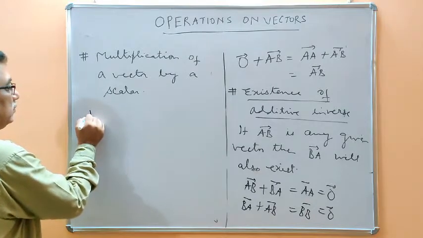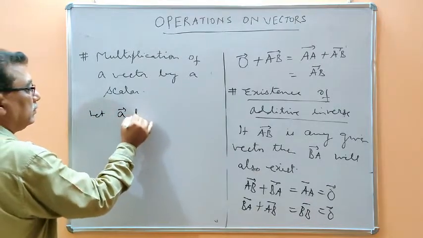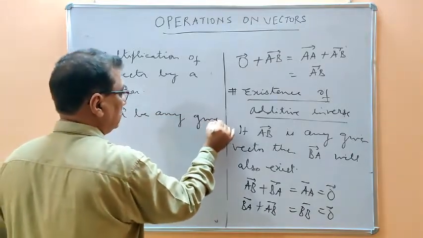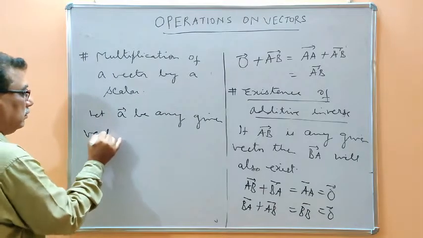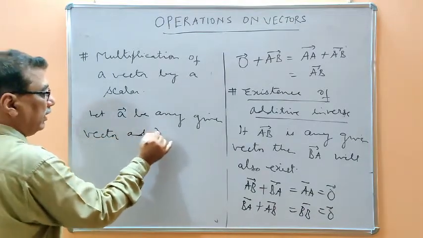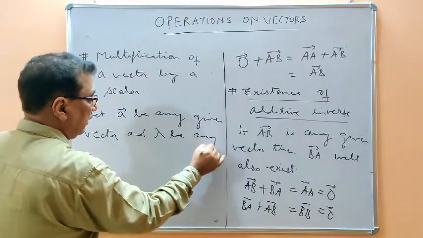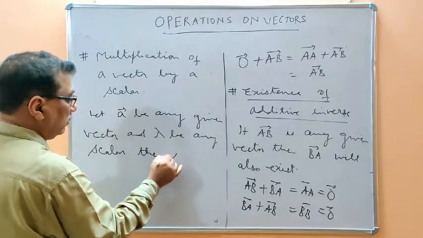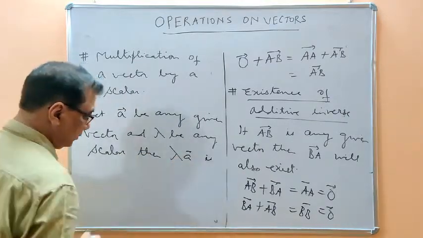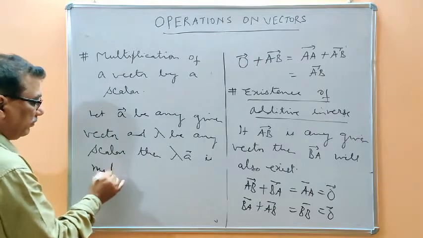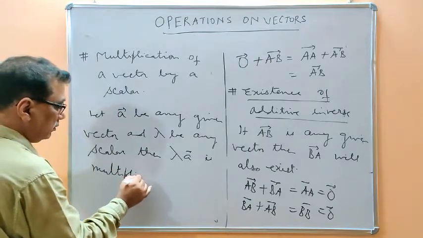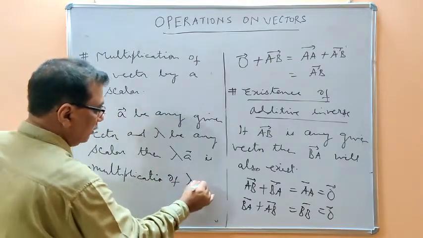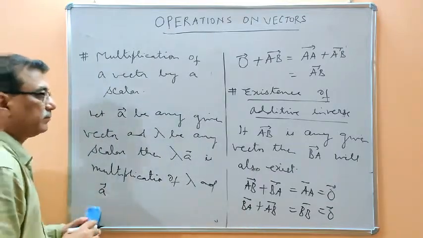So let A be any given vector and lambda be any scalar, then lambda A is called the multiplication of lambda and A. Okay.